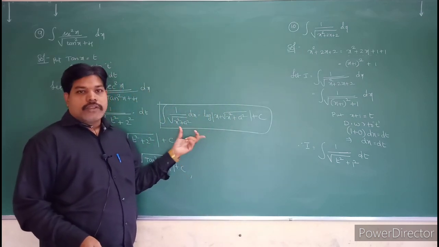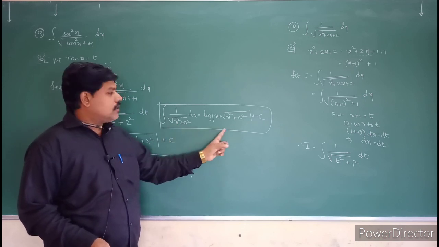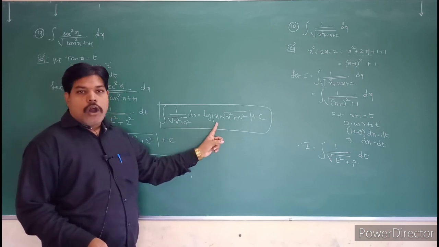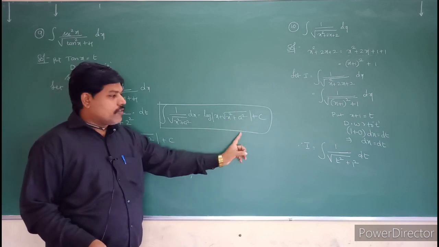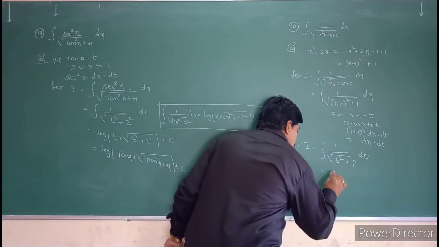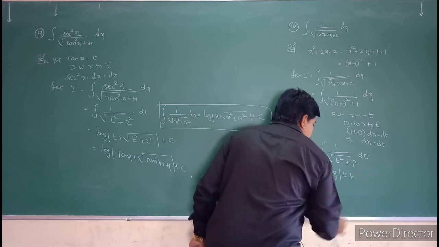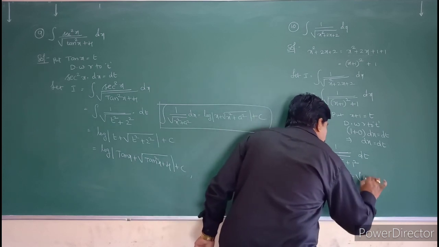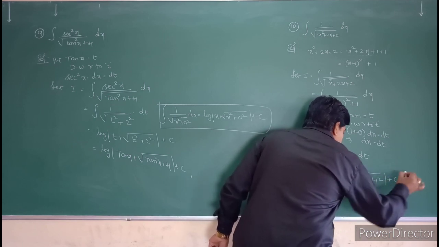What is the formula? Integral of 1 by root of x square plus a square into dx is log mod x plus root of x square plus a square plus c. So that is equal to log mod t plus root of t square plus 1 square plus c.